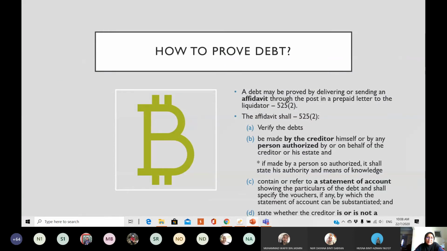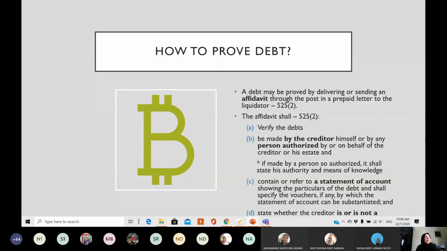Okay, so how to prove it is by way of filing affidavit. Affidavit provided under section 525. Sama dengan bankruptcy juga. So that is ada form dalam rules tu in which you have to fill in order to explain what debt is, so how much, okay, and then to give evidence as to the amount.